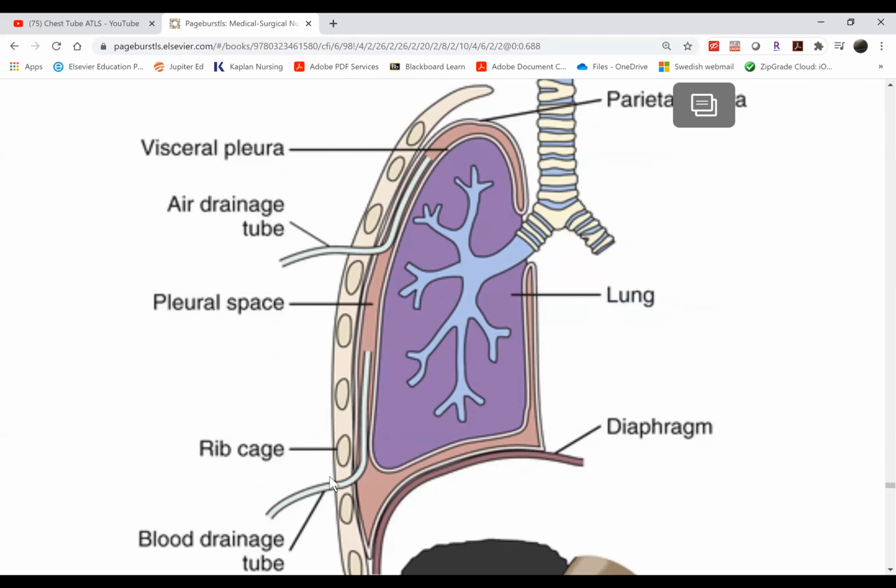They may be connected to separate drainage systems, or you can use an adapter so that they'll be connected to the same chest drainage system. It doesn't really make sense having them on separate because in this example, one is only removing air. So you really are just worried about the volume, the water here, the liquid.